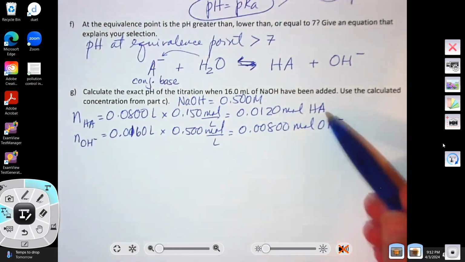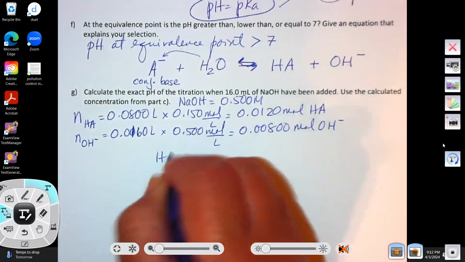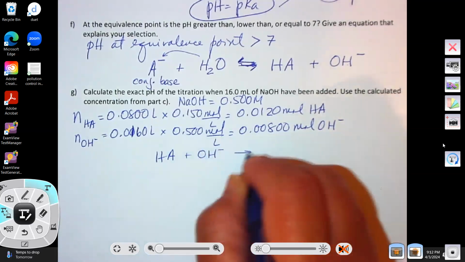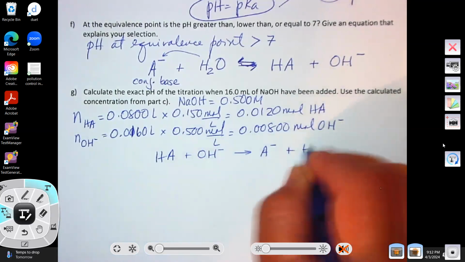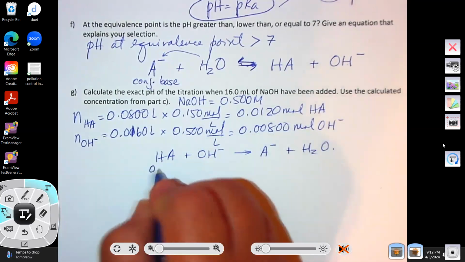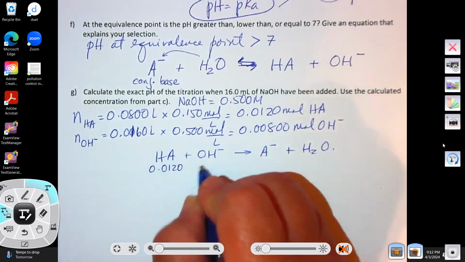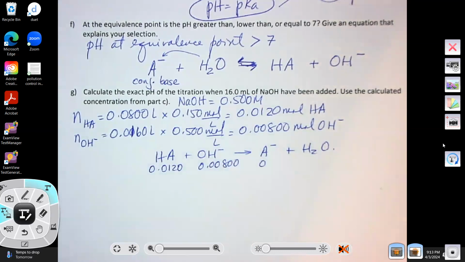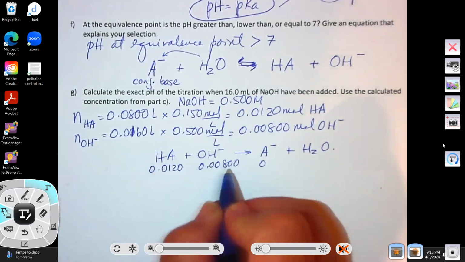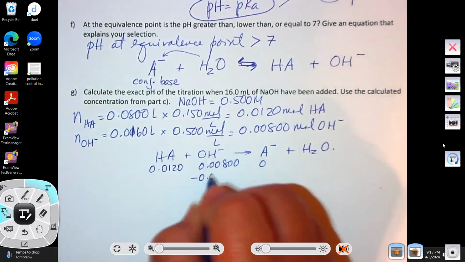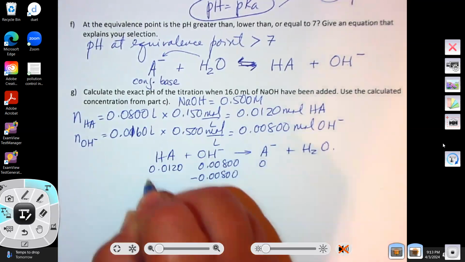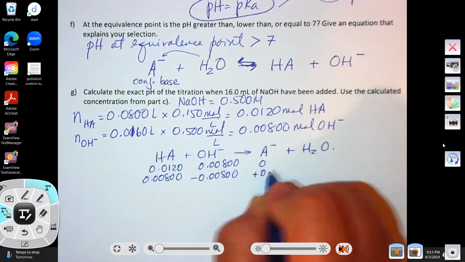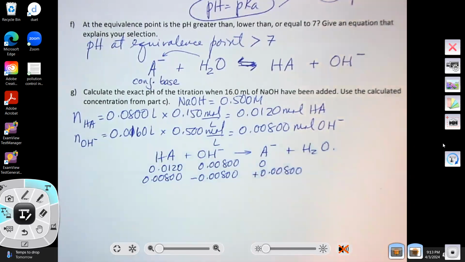Okay, so you can see here that when you have the reaction between the weak acid plus the sodium hydroxide, which forms A minus plus water, if you started with 0.012 and 0.008 and no conjugate base, this is your limiting reactant. So you're going to be subtracting that from both reactants and adding that in your product.